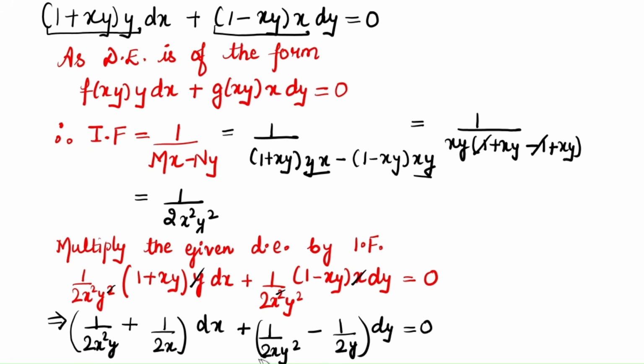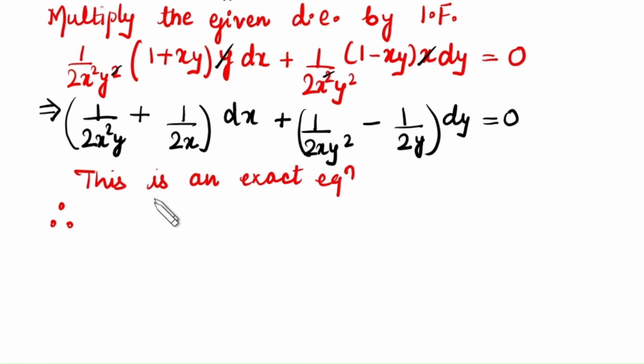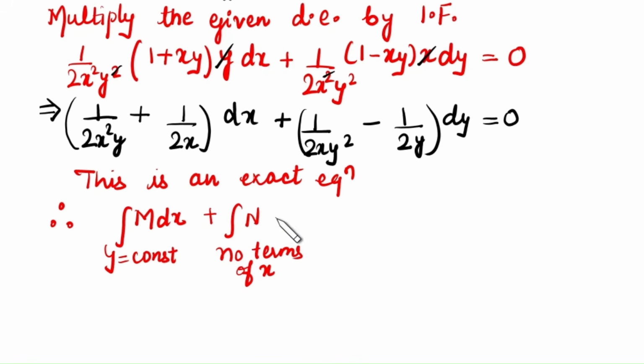Now this equation is exact. Therefore, the solution is written as the integration of M with respect to x keeping y as a constant, plus the integration of those terms of N not containing x, dy, is equal to a constant.